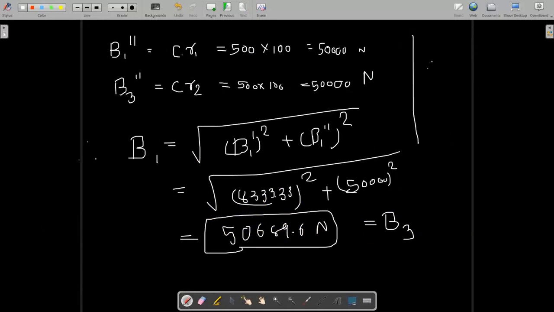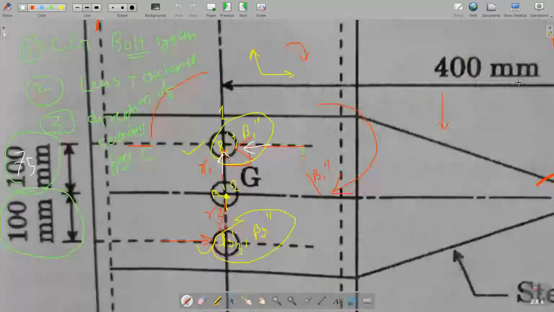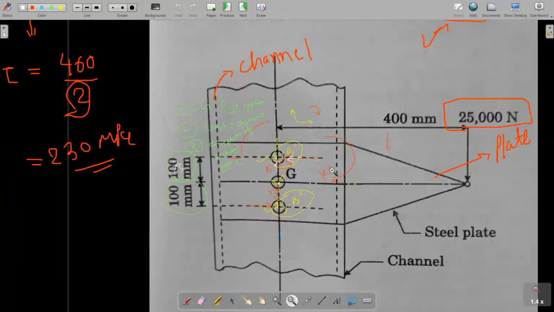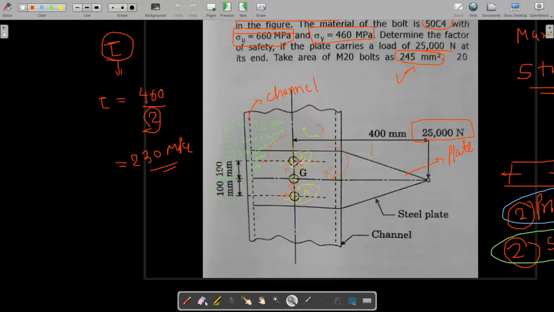Now just divide the force by the area, so you will get the actual stress on the bolt. Actual stress is force upon area. What is the area given in the question? That is 243 mm square, I think. So, yes, 245.